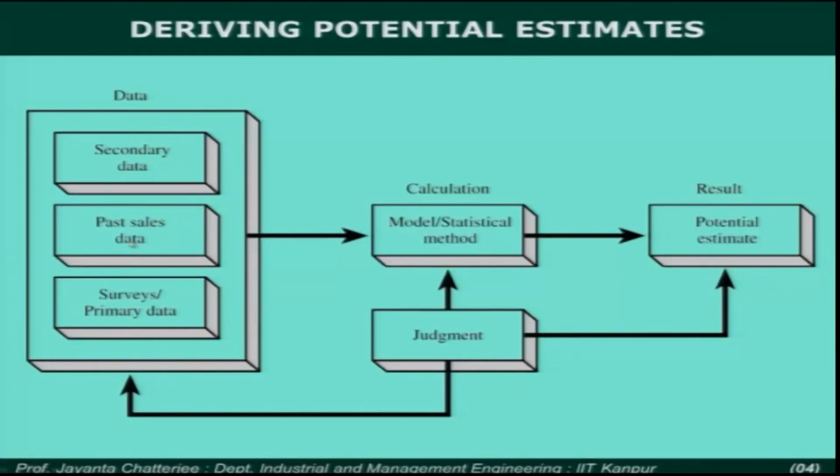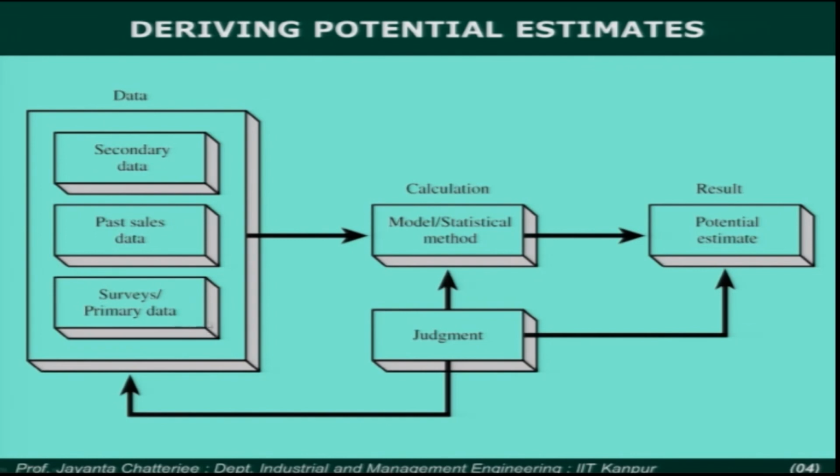So, this middle block, past sales data, will be absent in that case, and we will rely on secondary data and survey of primary data. This survey, often for a new product, takes, as we have discussed, how you spend time with the customer, how you use ethnographic methods, and how you have different kinds of surveys based on focus groups, questionnaire survey and so on.